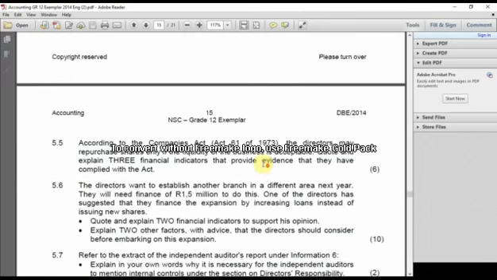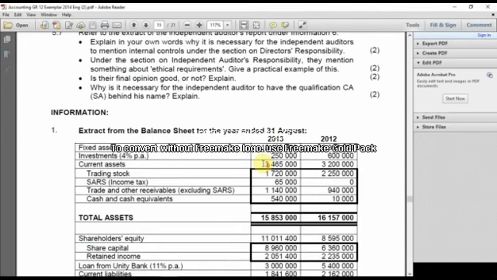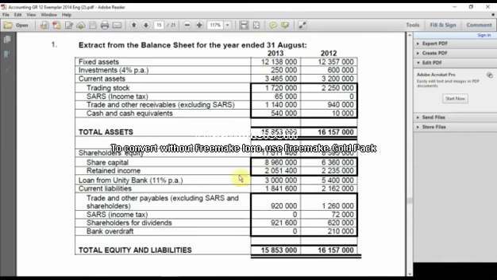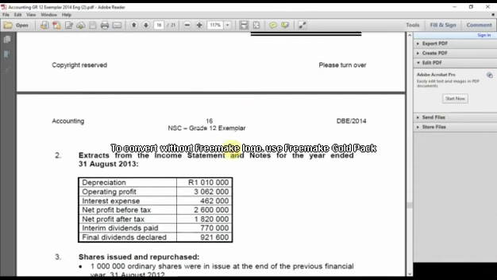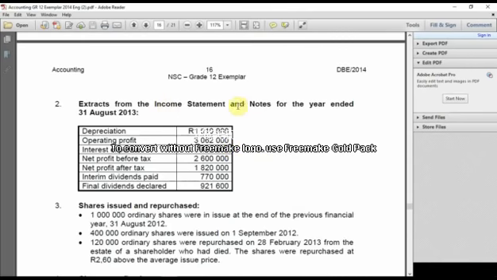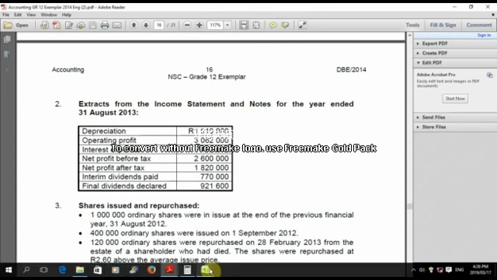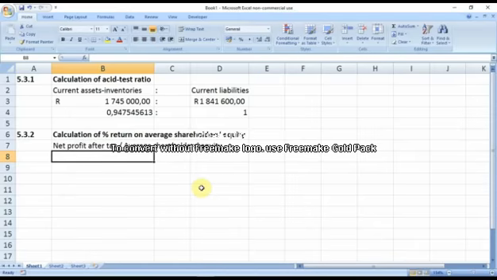So let's browse down to find the details. Extract from the income statement. So the net profit after tax is 1,820,000, and we have to divide by the average shareholders' equity.